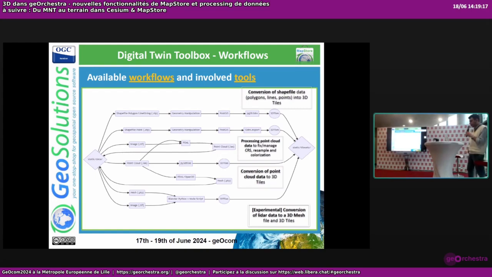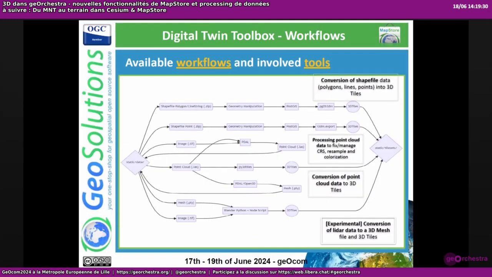So this is a slide representing the available flows. Each flow has a specific tool for its purposes. From top to bottom, as you can see, a specific workflow for conversions of polygons, lines, points.